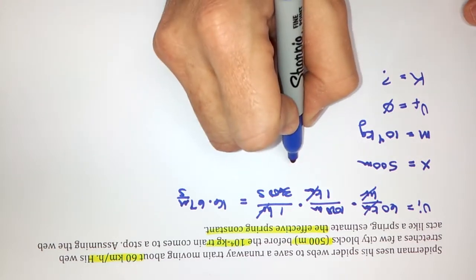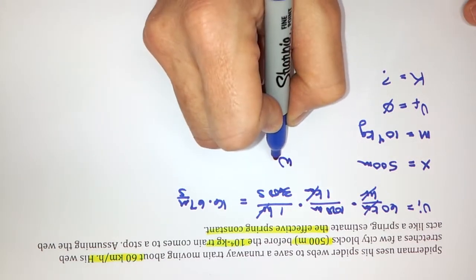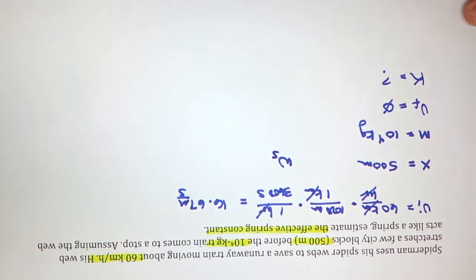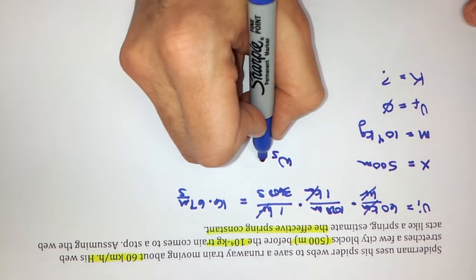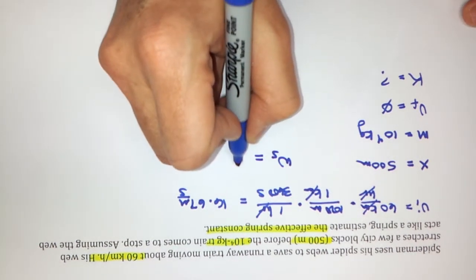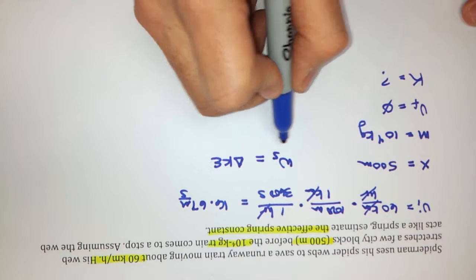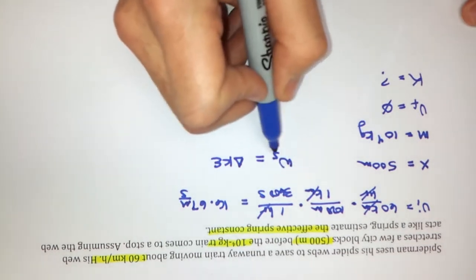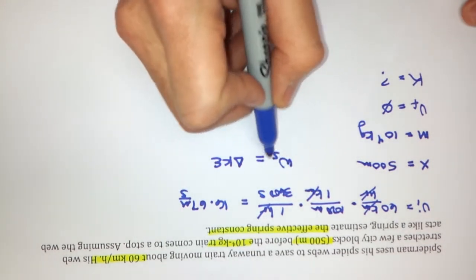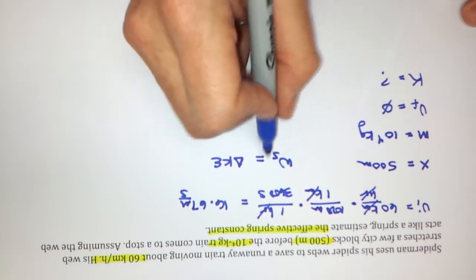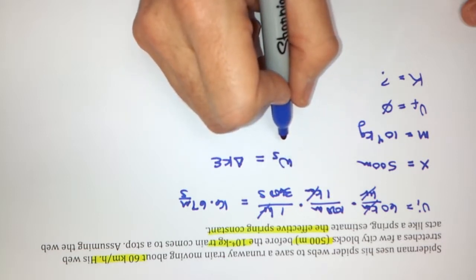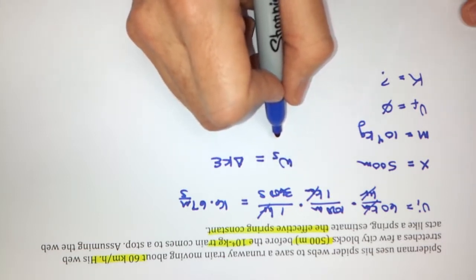So we're looking at the work done by the spring, which is his webbing, is going to be equivalent to the change in KE. We've talked about what work is equivalent to, and we're thinking about an elastic potential energy.